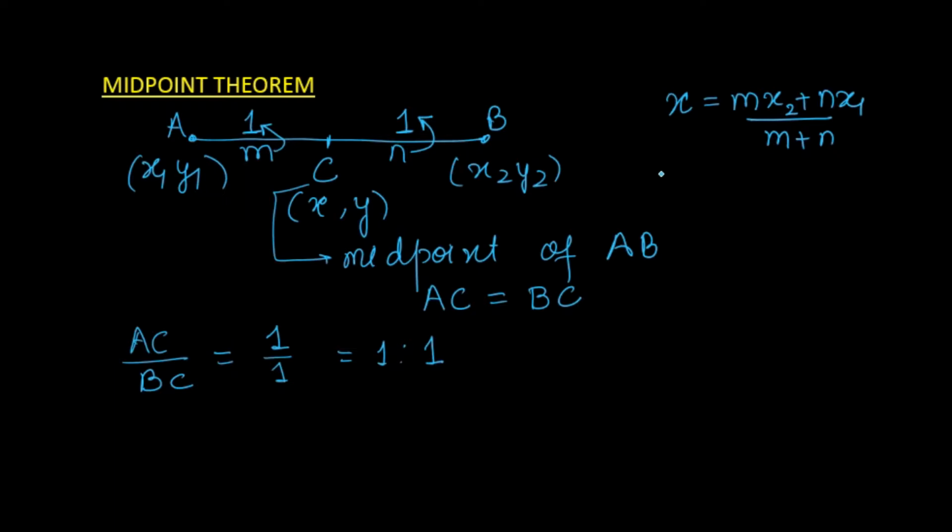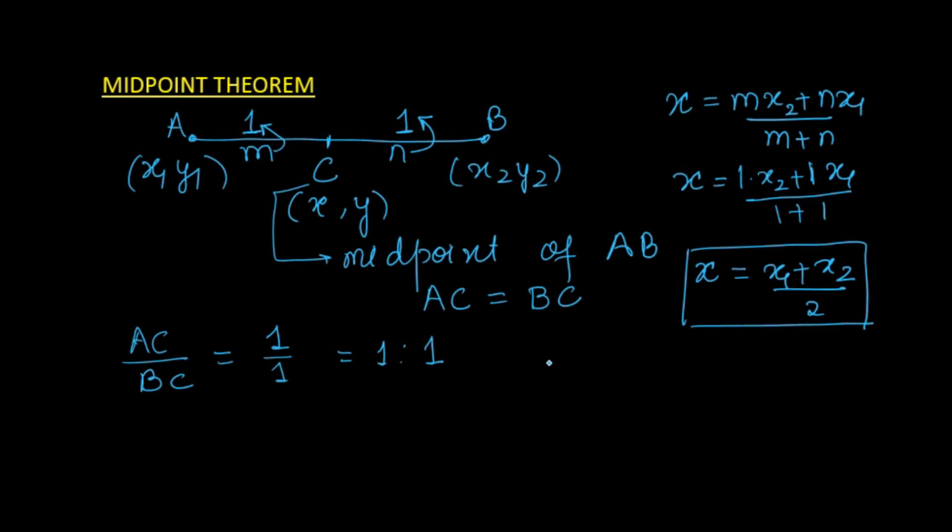So the x coordinate will be 1 into x2 plus 1 into x1 divided by 1 plus 1.